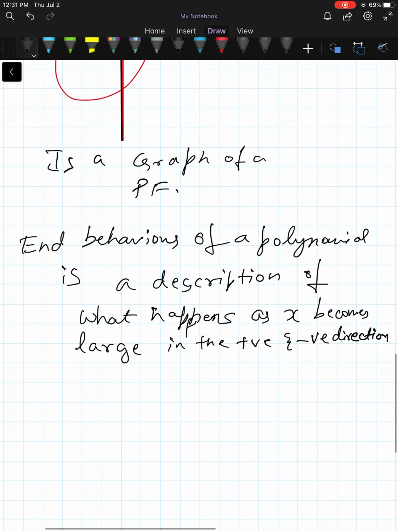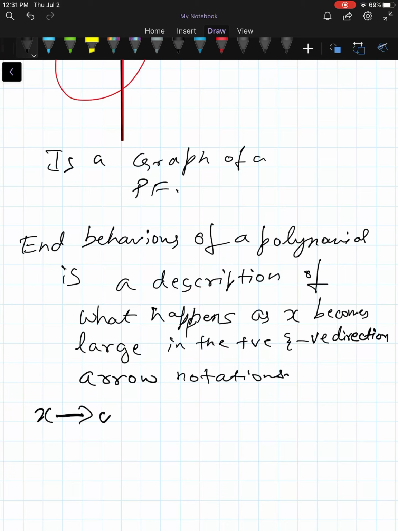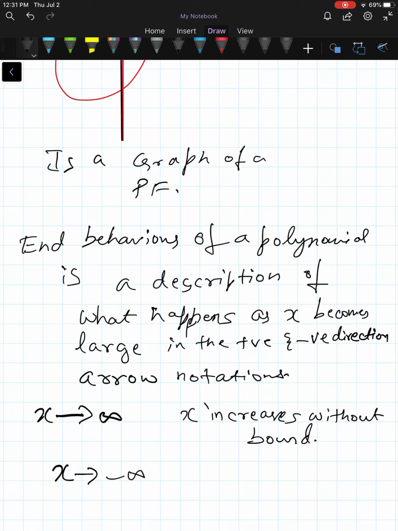To describe the end behavior, we will use the following notations, which are called arrow notations. If x tends to infinity, it is increasing on the positive side, which means x increases without bound. And if x tends to negative infinity, x decreases without bound.